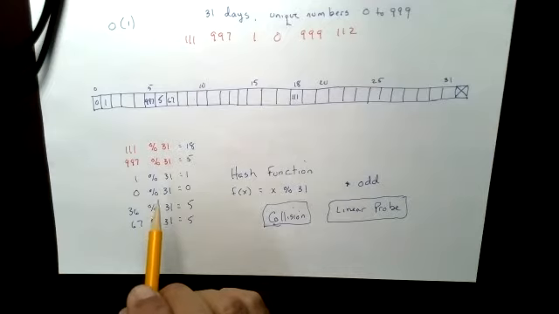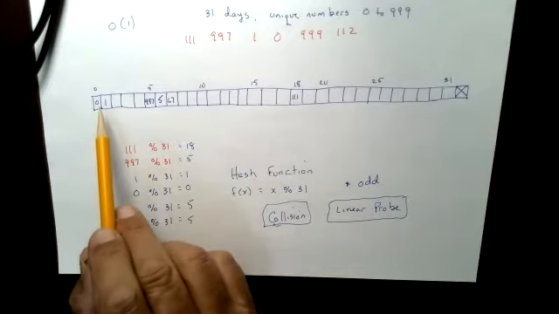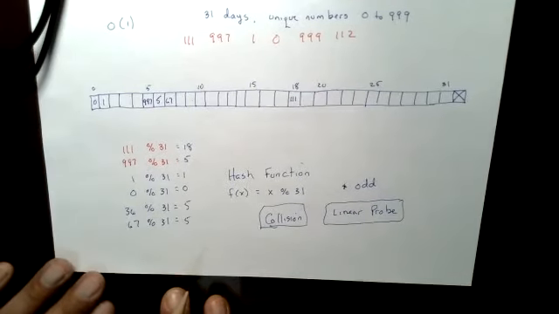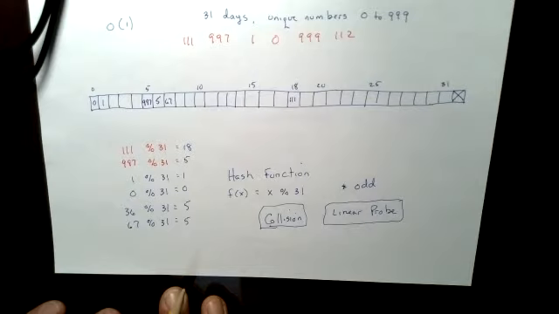But what's the problem? 0 is one of my numbers. So I need a way to figure out if it's empty. What might I do to start? Fill it with something else. What's something else I could fill this with? It rhymes with negative un.